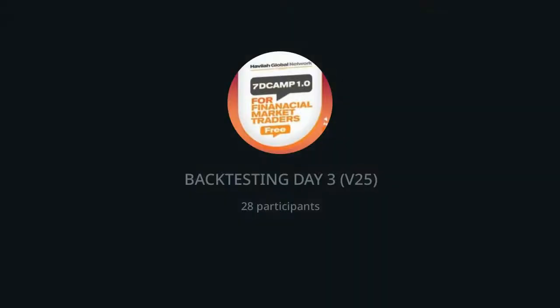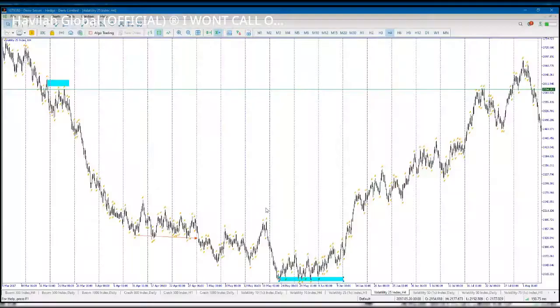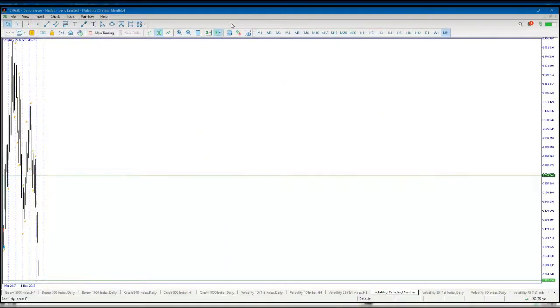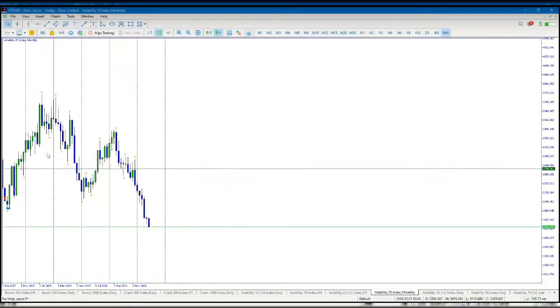Okay, so this is V25, and looking at the monthly time frame, you can see that the asset has been on a kind of bullish and bearish trend.